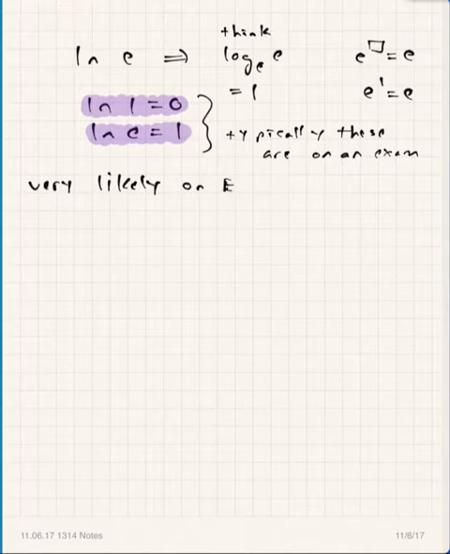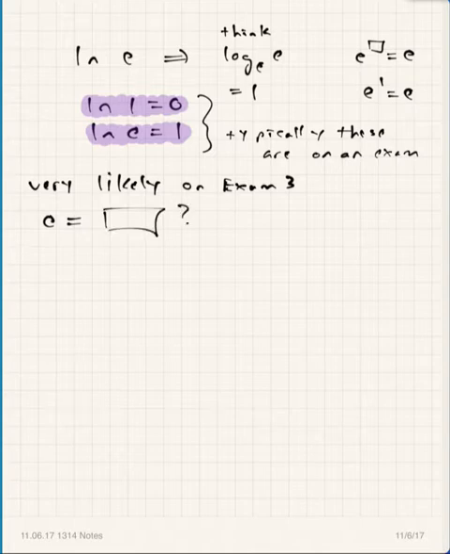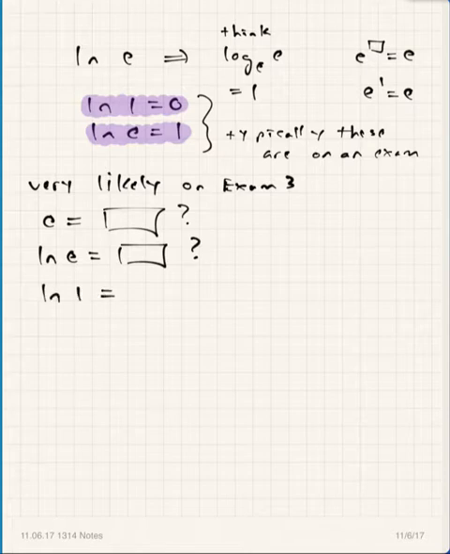These 3 questions: first of all, I'm going to ask you what e is equal to. And then I'm going to ask you what the natural log of e is equal to. And then what the natural log of 1 is equal to. Those are 3 things that I'll ask.